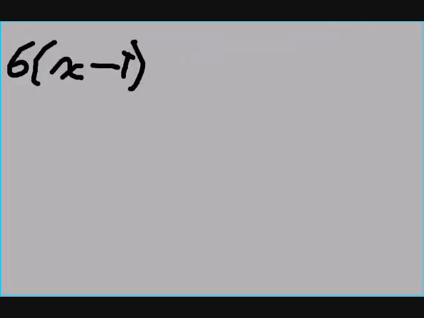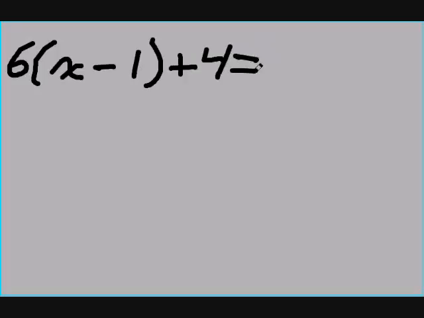Alright, a little more complicated example. Let's start with 6 times the quantity x minus 1, plus 4, equals 3 times the quantity 7x plus 1.